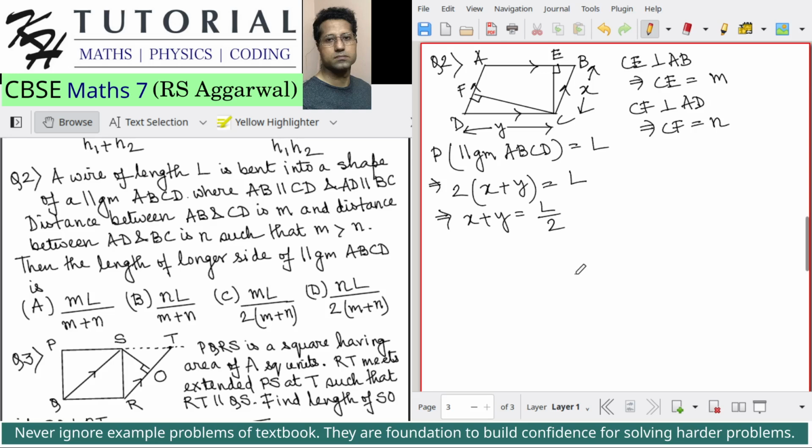Now we have to also use the information that the perpendicular distances between the two pairs of opposite parallel sides are given.